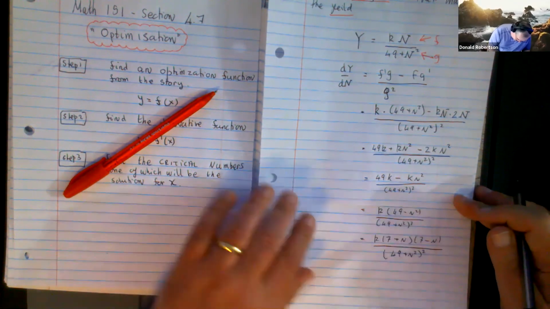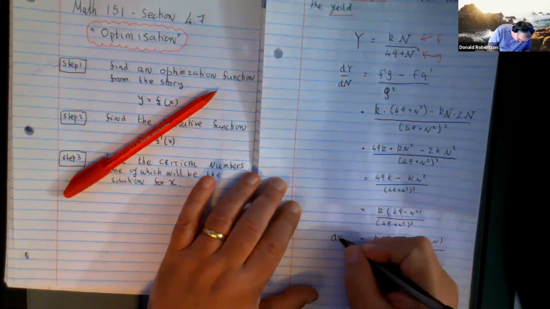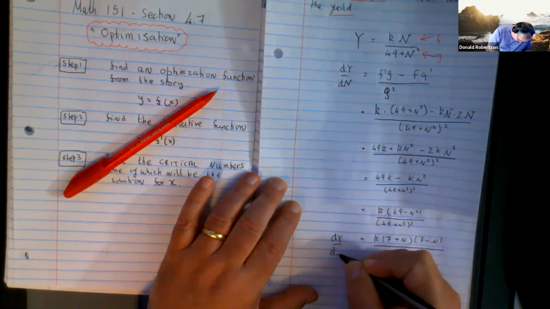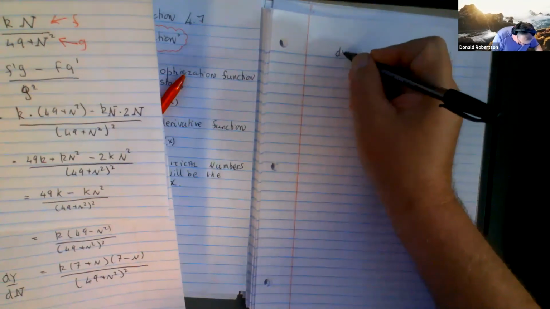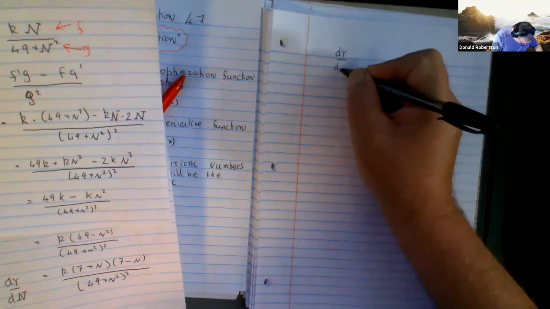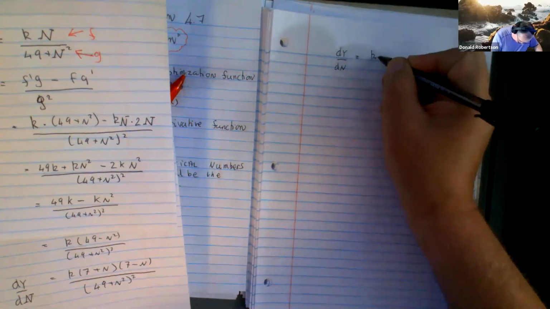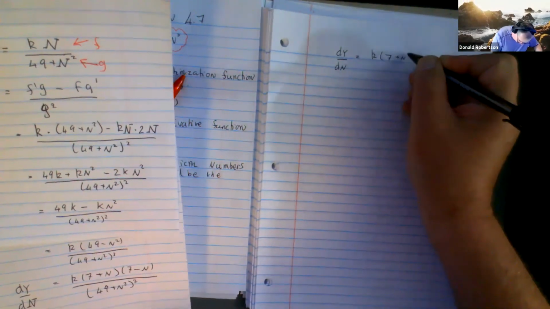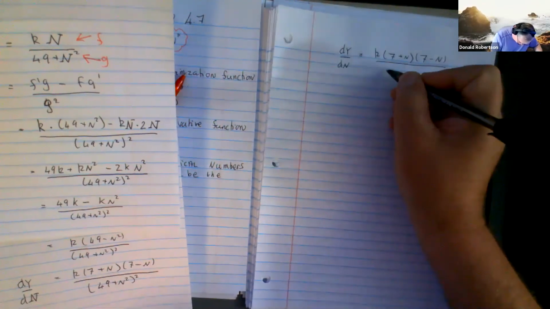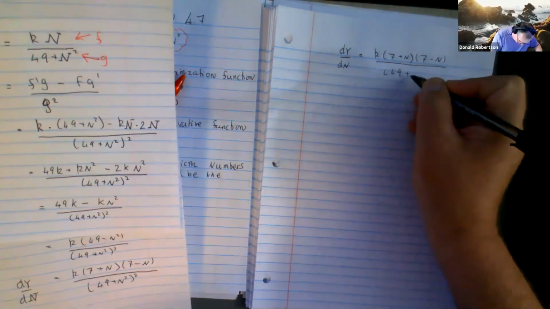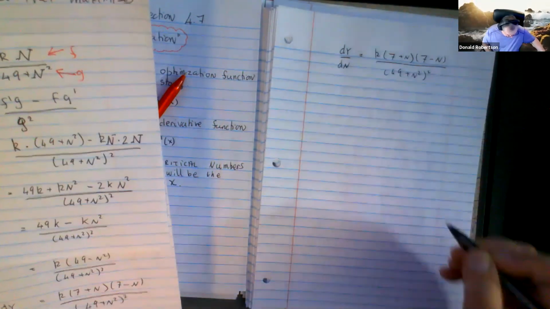Right, so now that I have done as much as I can with the derivative, I just rewrite it up here. Let's find the critical numbers. Because one of these critical numbers is going to be the one that maximizes the yield.